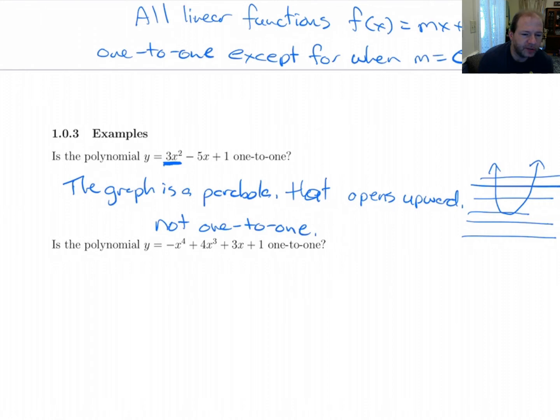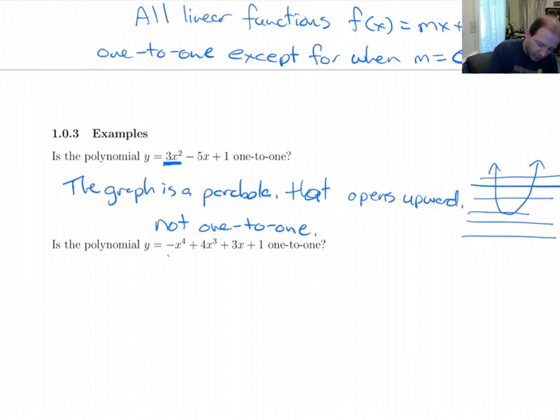Now this next function, we've got y equals minus x to the fourth. So this is a fourth degree polynomial. If you don't know much about how the graphs of polynomials are, whenever they're even degree, both ends are going to go the same way. Either they're both going to go up if the leading coefficient is positive, or both ends are going to go down if the leading coefficient is negative.